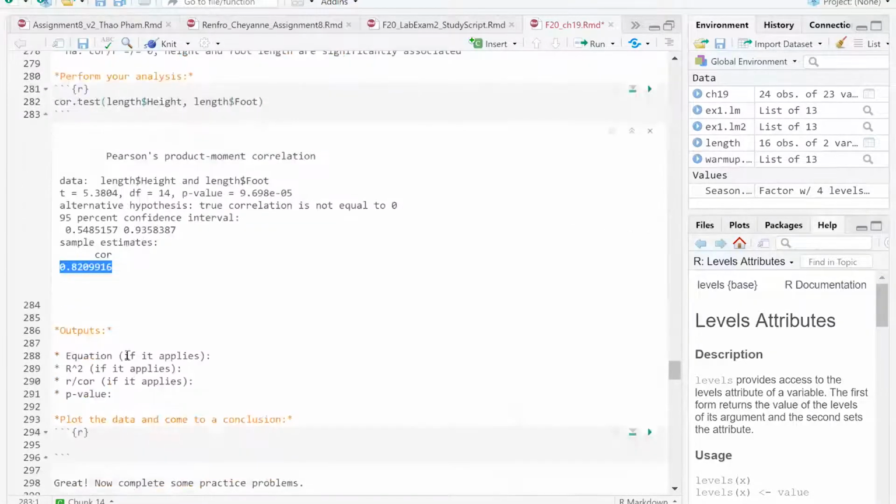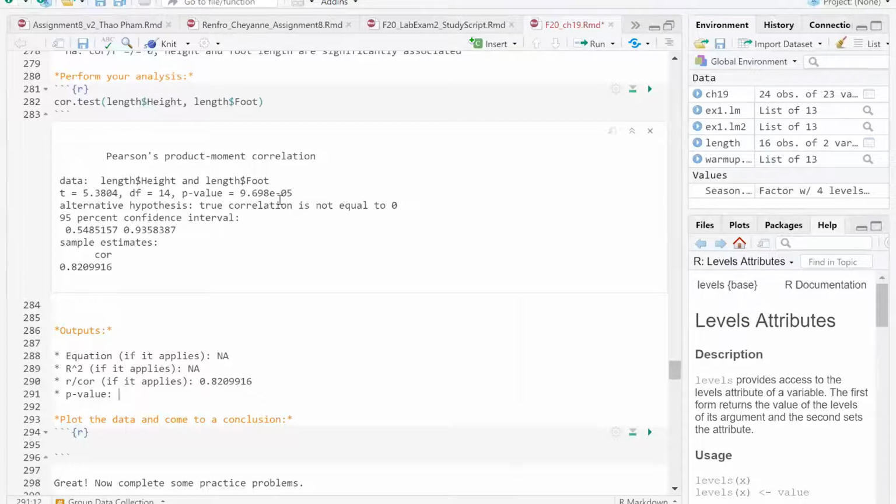So the outputs: equation, if it applies, which it doesn't in this case, we only use an equation when we're doing a regression. R squared, our coefficient of determination, again doesn't apply because we only use it when we do our regression. So that's just our correlation coefficient, which does apply in this case. You can just copy it and paste it down there.